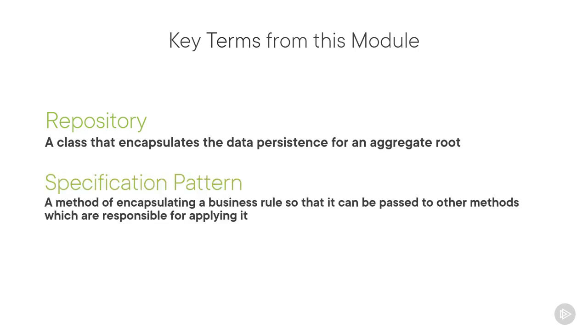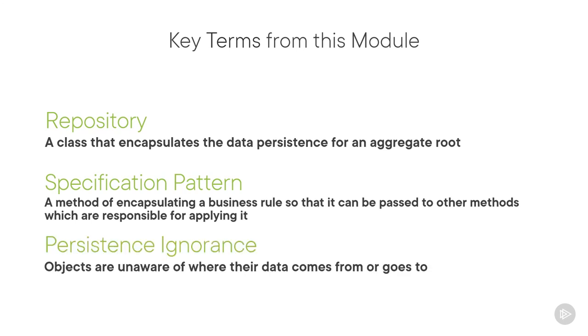Key to building flexible repositories is the specification pattern, which guides you to encapsulate business rules in a way that they can be passed around and acted upon in other methods, classes, or APIs. You learned about persistence ignorance, which describes objects being ignorant about how they are persisted into data storage. It's another critical aspect of domain-driven design.